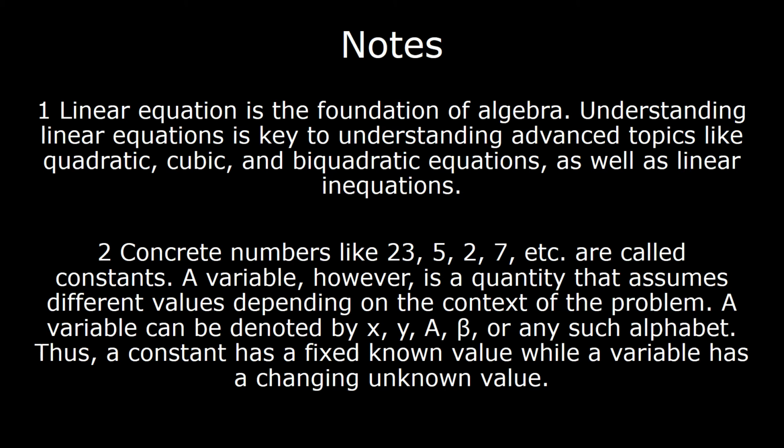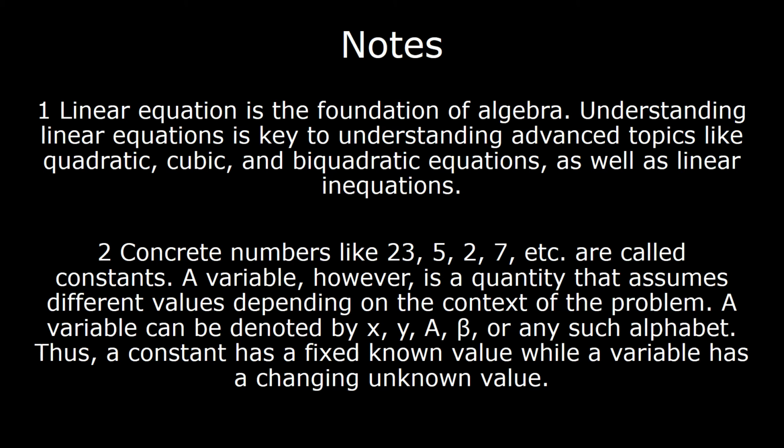Note 2. Secondly, when we deal with arithmetics, we usually have concrete numbers, more technically referred to as constants, like 23 plus 5 or 2 into 7. You can evaluate that, of course, as 23 plus 5 equals 28 or 2 into 7 equals 14.